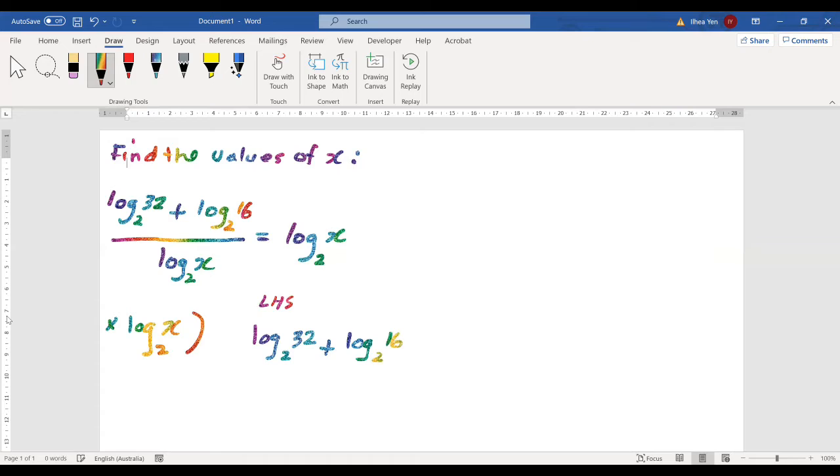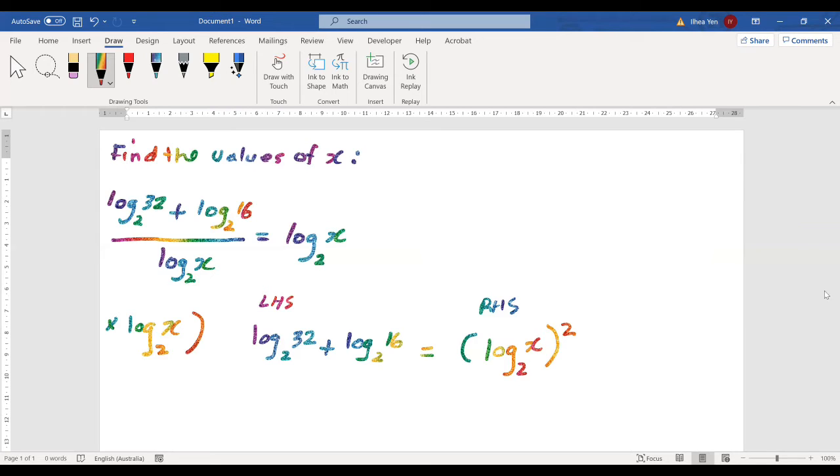Why? Because it cancelled that. But equals my right-hand side, it'll square it because I'm timesing this together. So what happened here is log base 2 of x, squared. Okay, so that's not too bad.